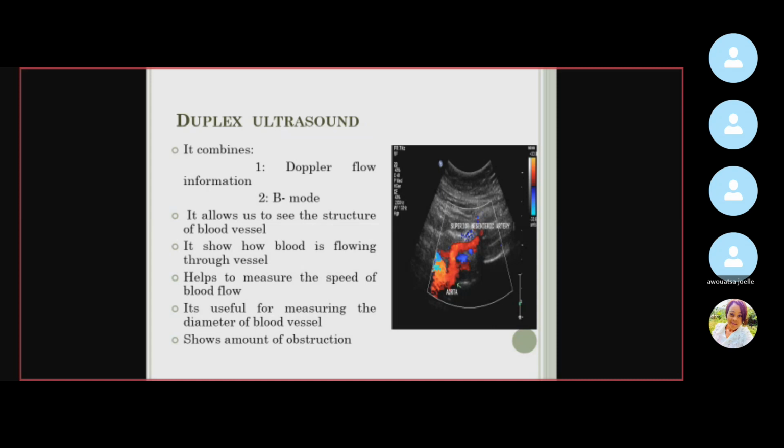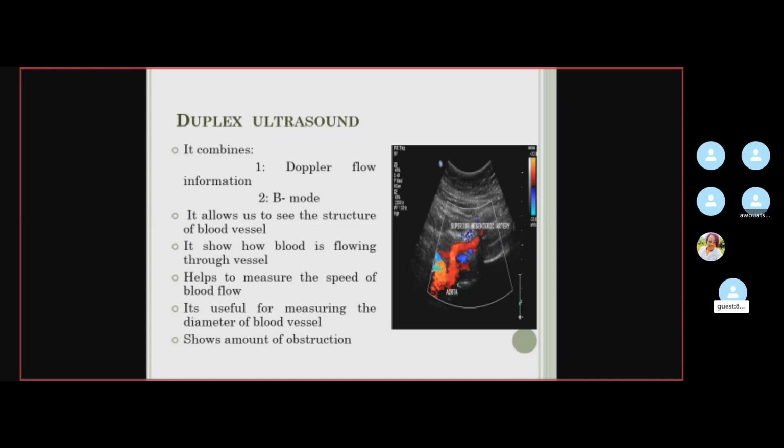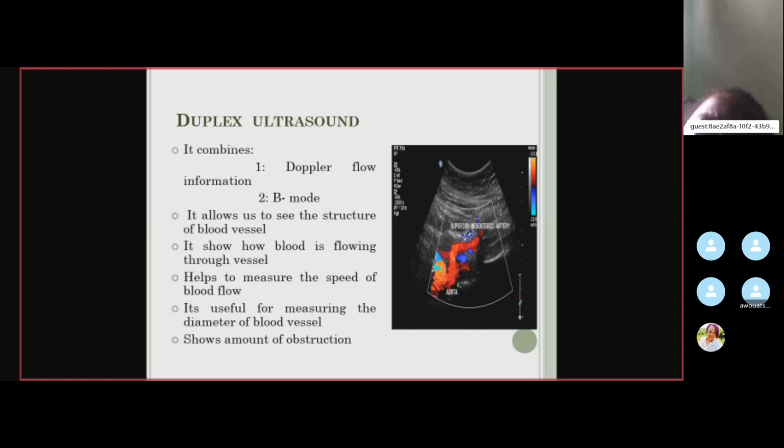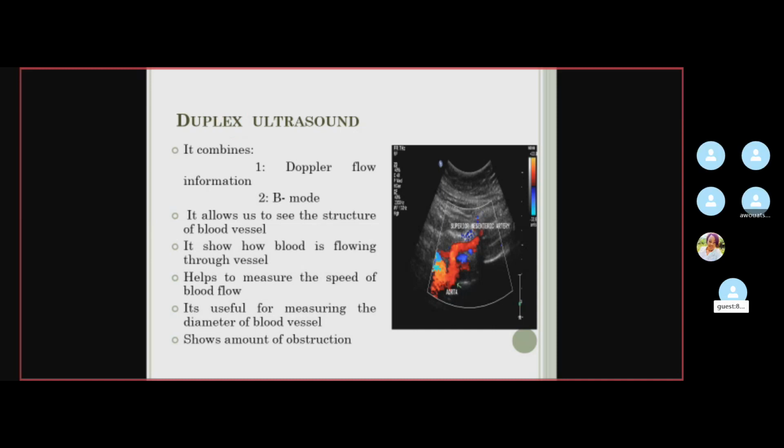Next is duplex scanning. Duplex means two. Here they combine Doppler flow information with the B mode image. So we can see the structures of the blood vessels, and it also shows the flow of the blood in the vessels.